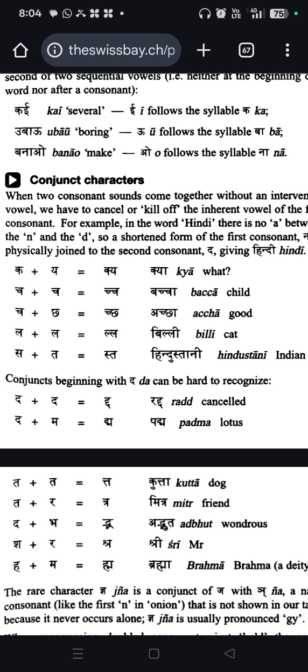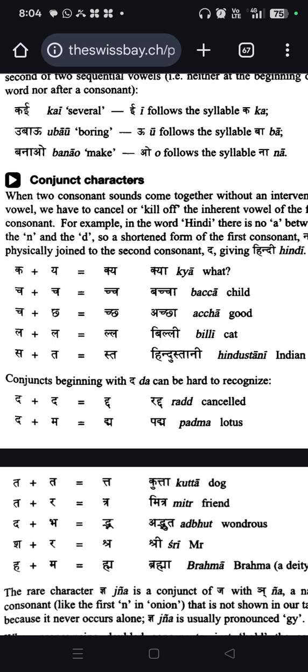So that's the sound here, la and la, billi, with the vowel sign for i. So that's the doubling there.